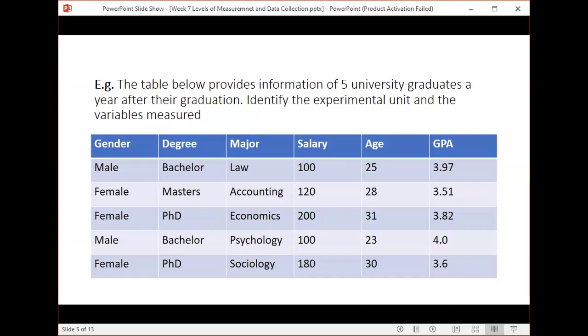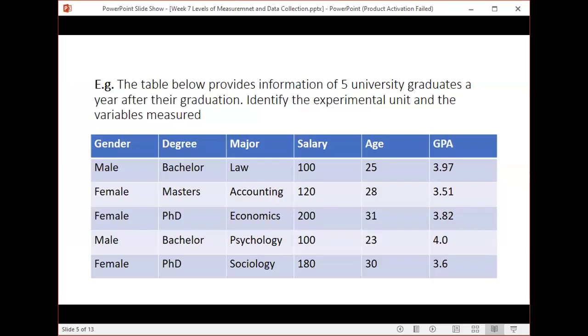But age, salary, and then GPA, which of them is a continuous quantitative variable and which of them is a discrete quantitative variable? Salary and age are discrete variables. GPA is continuous variable. Okay, I know where you're coming from. Any different idea? Any different idea about salary, age, and GPA?